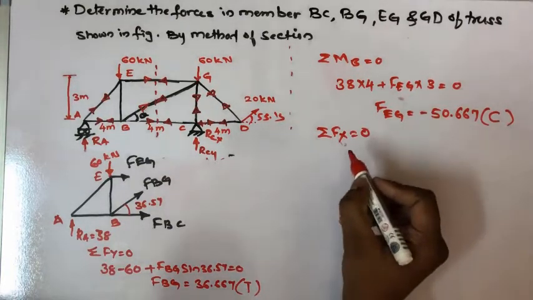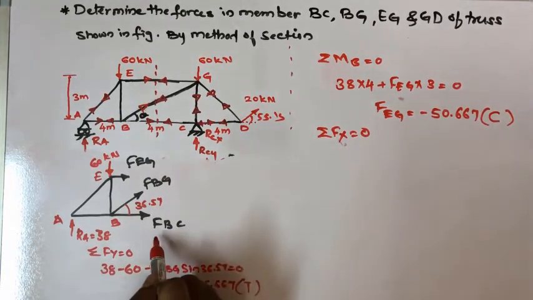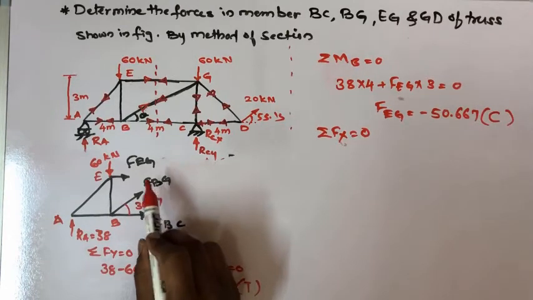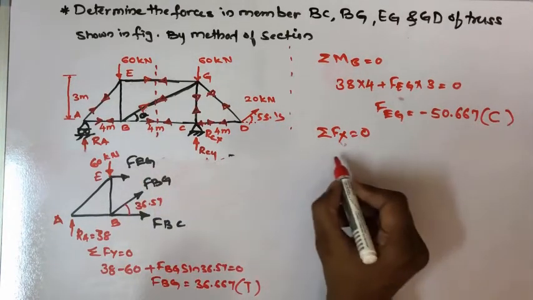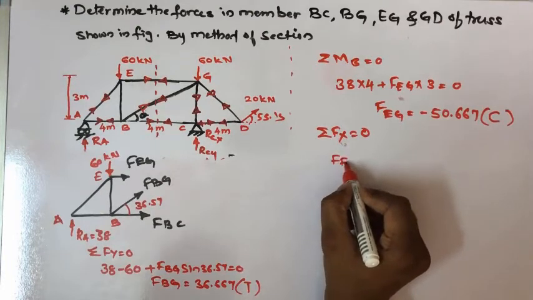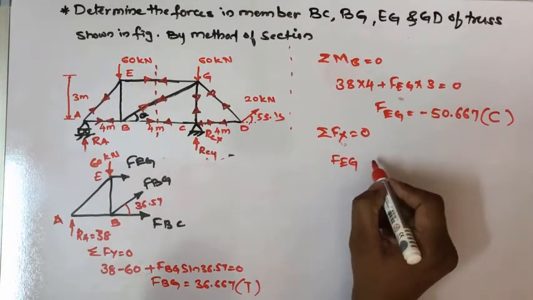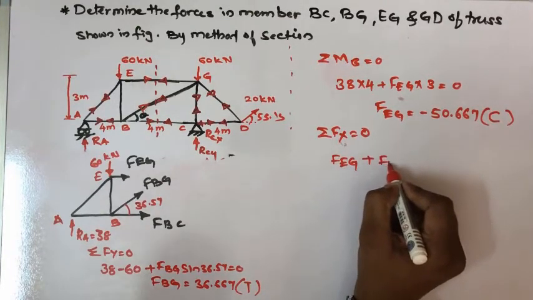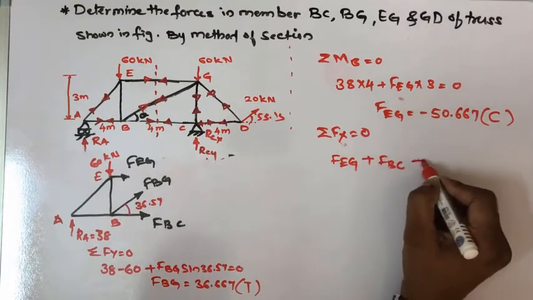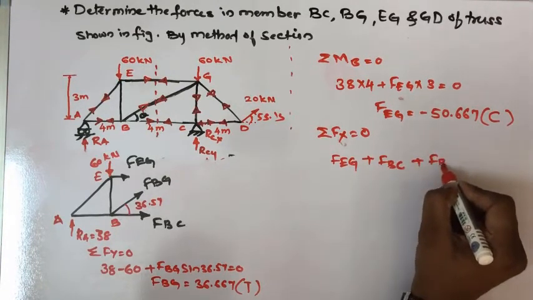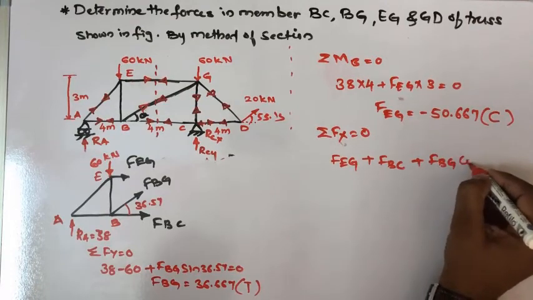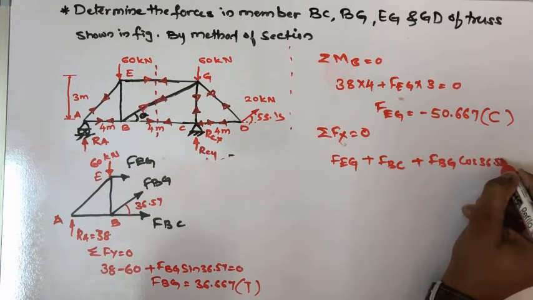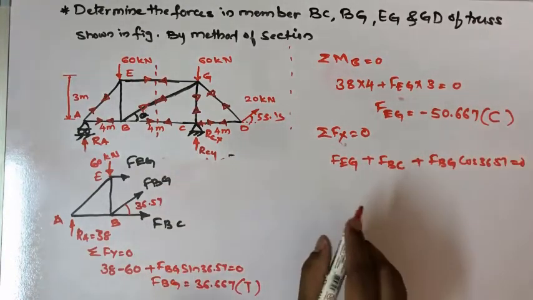If I calculate the summation of Fx, how many horizontal forces will I get? FBC, FBG and FEG. So first I'll start with the FEG, which is moving right side. So FEG positive plus FBC, then plus FBG cos of 36.57. All the values are moving right side, so we'll get this one.